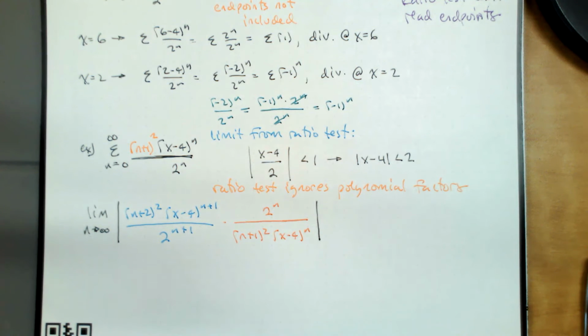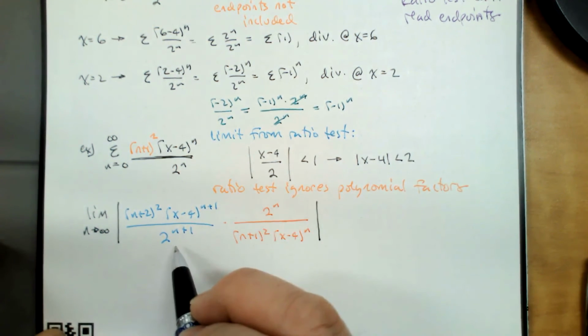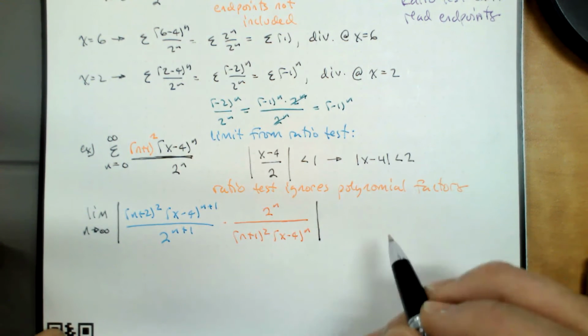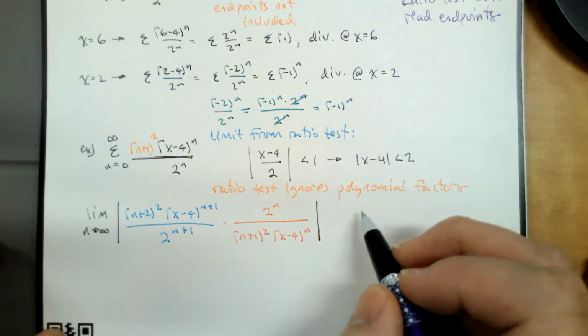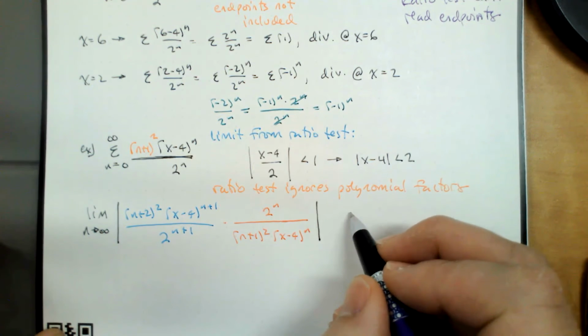If we think about the stuff that's canceling, 2 to the n over 2 to the n plus 1 will leave behind a 1/2. And x minus 4 to the n plus 1 over x minus 4 to the n will leave an x minus 4 behind.